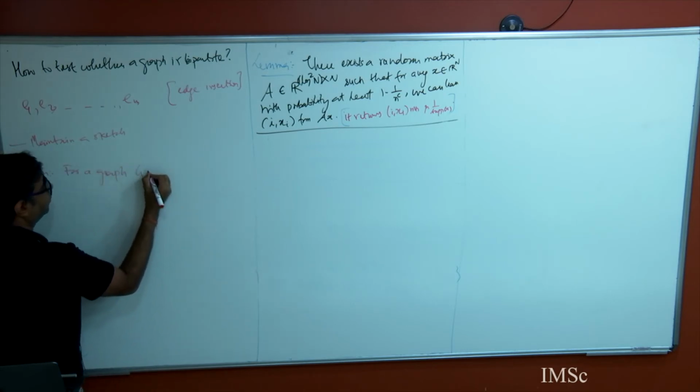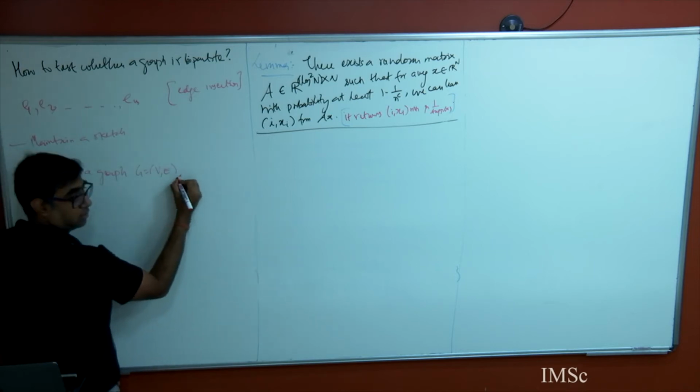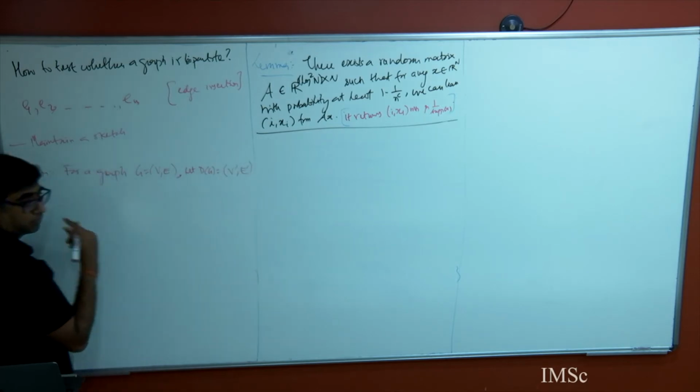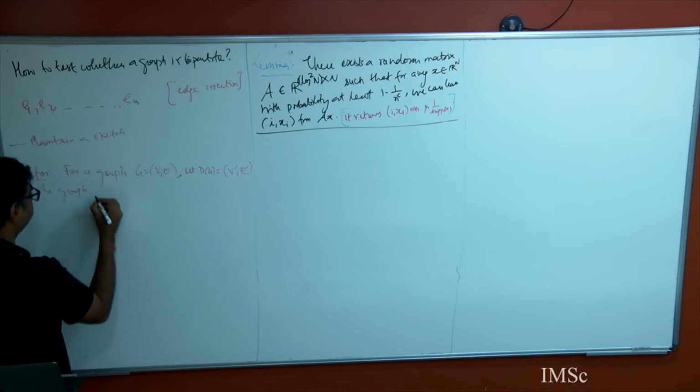For a graph G = (V, E), let DG = (V', E') be the graph constructed as follows.